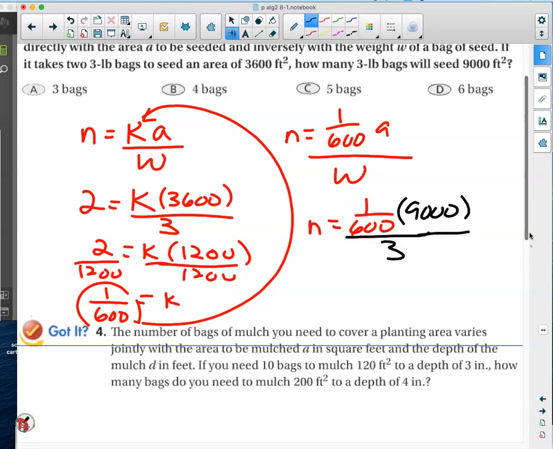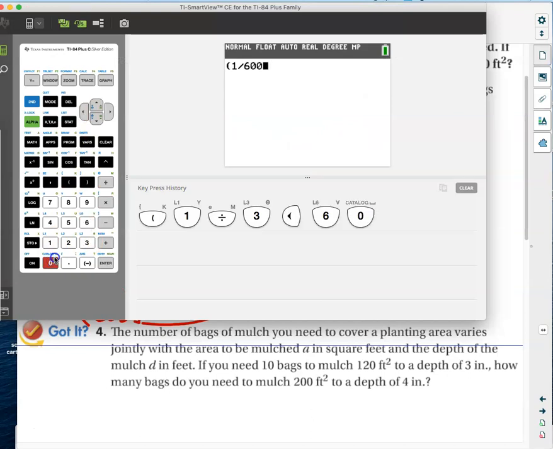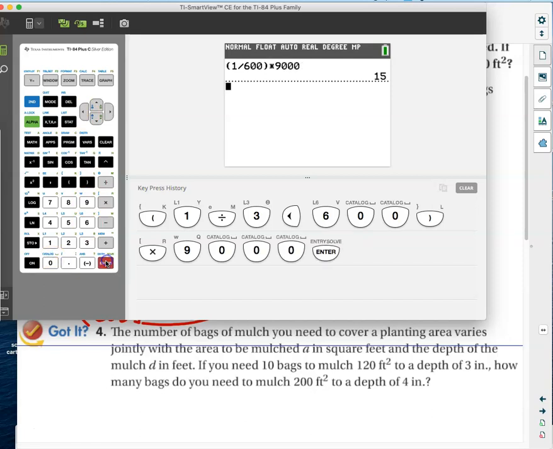Well, now it's calculator time. So we need 1/600 times 9,000. Enter. Divide it by 3. 5 bags.